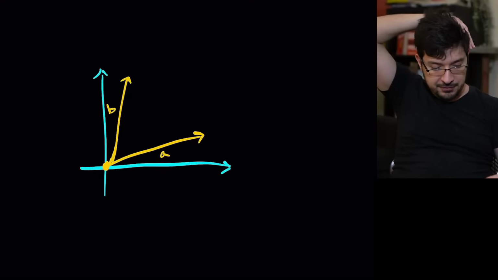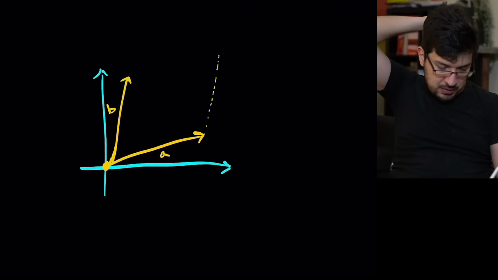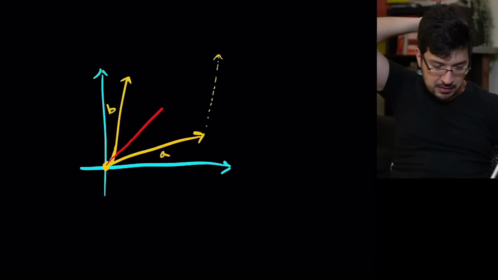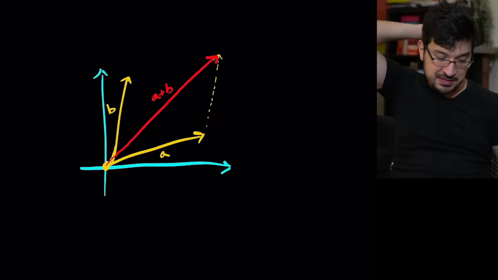Then if you add another copy of B to A, this creates a third vector. This would be B plus A, or, well, I like the alphabet, so let's use A plus B, alphabetization.